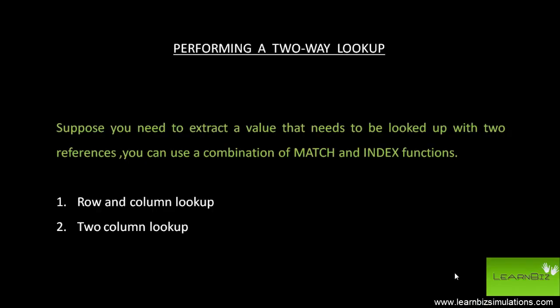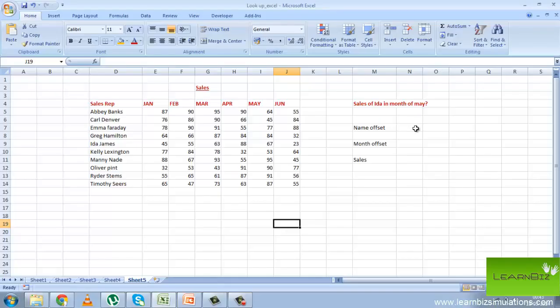Next we will see how to perform a two-way lookup. Suppose you need to extract a value that needs to be looked up with 2 references. You can use a combination of match and index. There are 2 ways. First is it can be a row and a column reference, or it can be 2 column references. In this example, suppose we need to determine the sales of Ida in month May. First we use the match function to determine the offset of name and month.